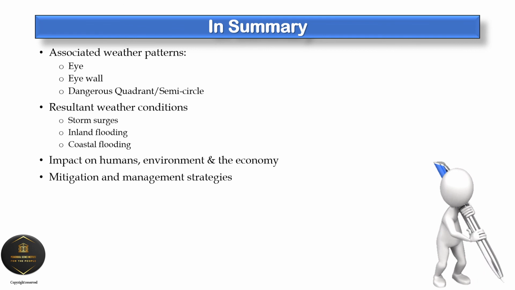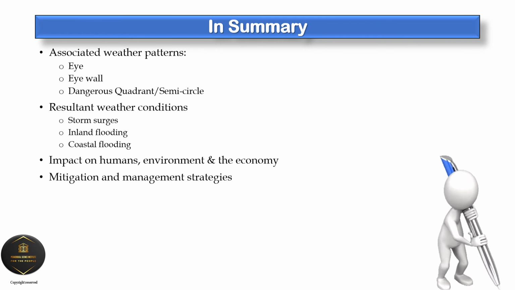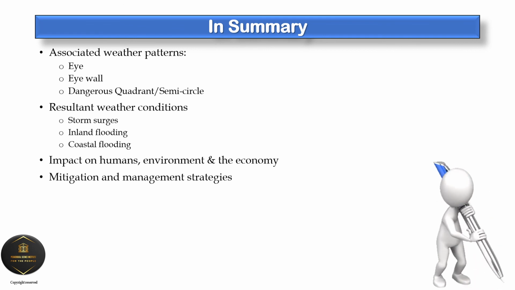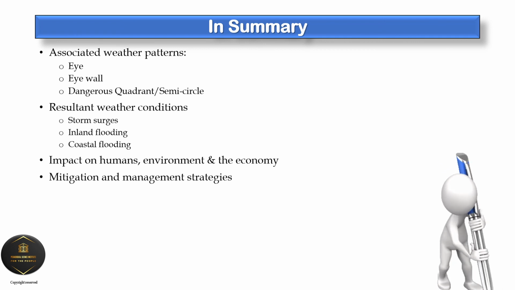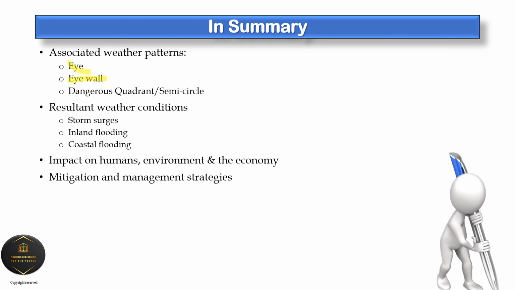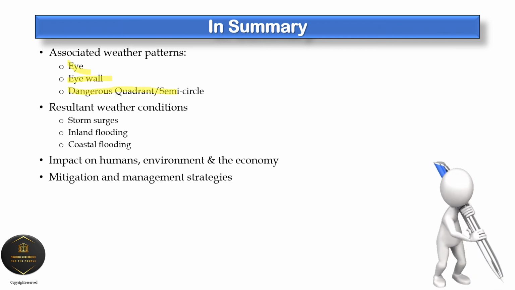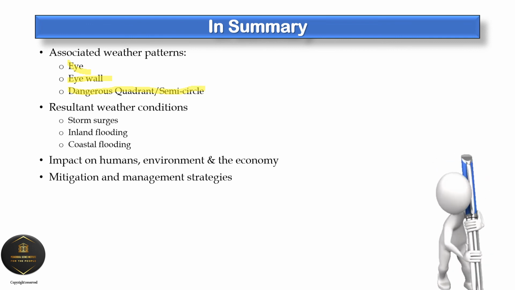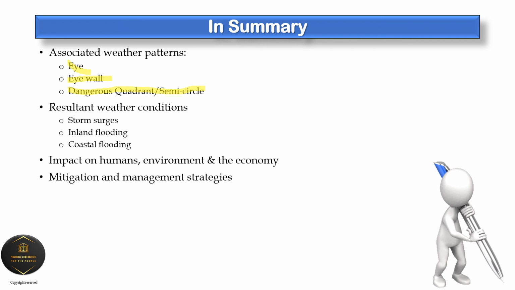So that is all we have for now. In summary, we have looked at in our session the associated weather patterns with the eye wall, the dangerous quadrant or dangerous semicircle, and we also looked at the resultant weather conditions.